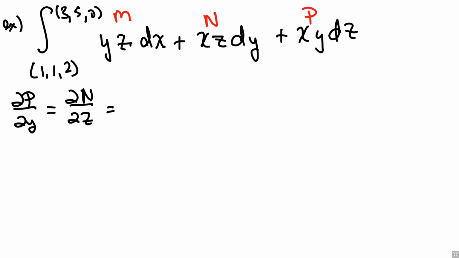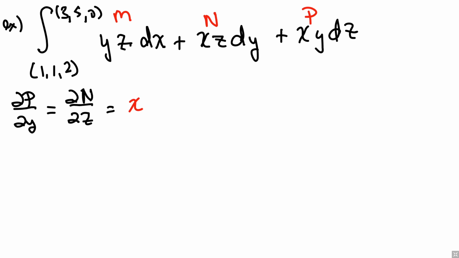Yes, it is going to be x. So now let's look at the partial of n with respect to z. That's going to be x also. So we know that both pieces are equal to x. Okay, so that checks out.